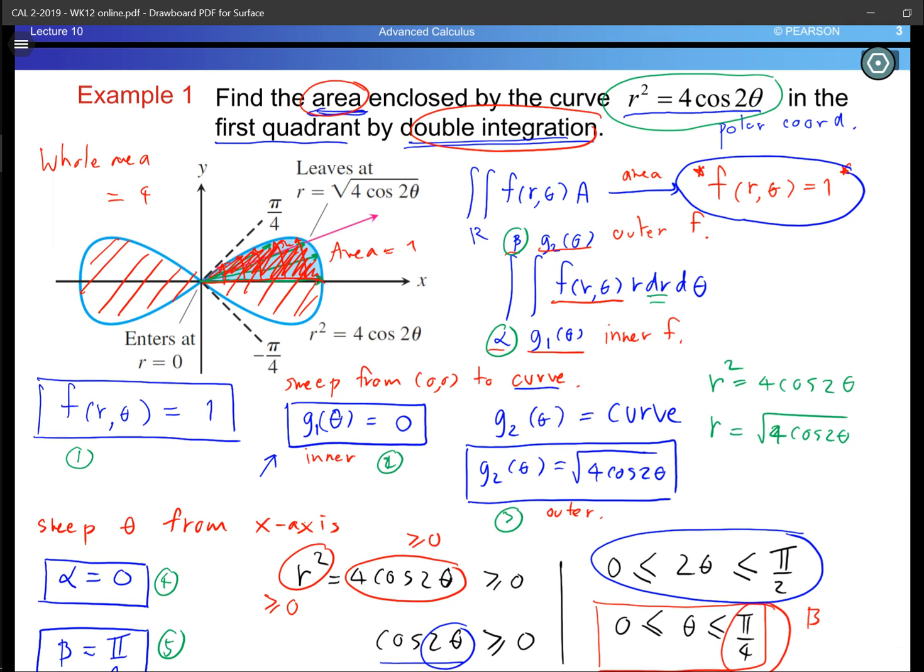It's all about understanding the sweeping of the radius and angle. So you can see the sweep of the radius like that, from the origin to the curve, and then the angle sweeps from the x-axis over the whole range.